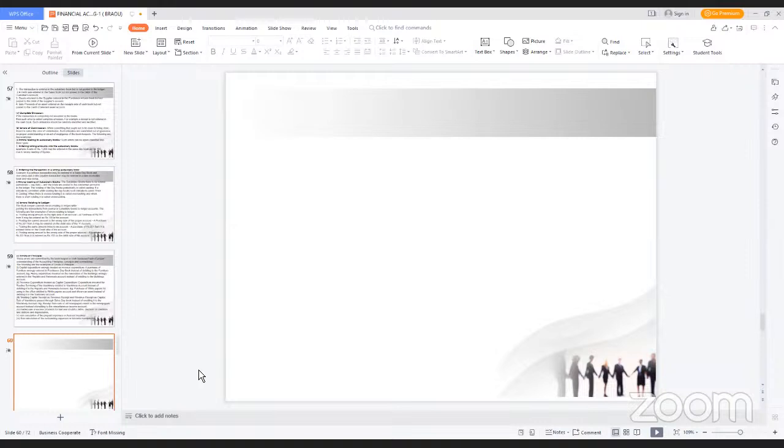The final accounts, ma'am, that is the balance sheet. Preparation of profit and loss account, preparation of balance sheet, and introduction of company accounts, preparation of company final accounts. So next week, I'll go with the final accounts.